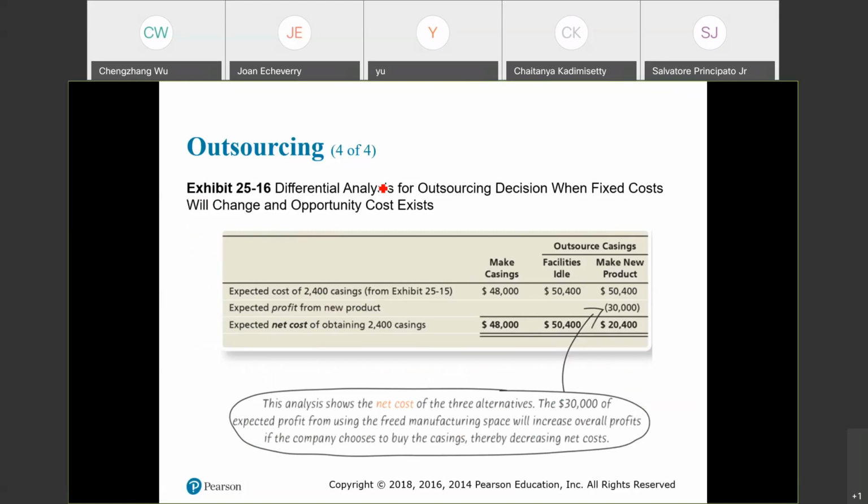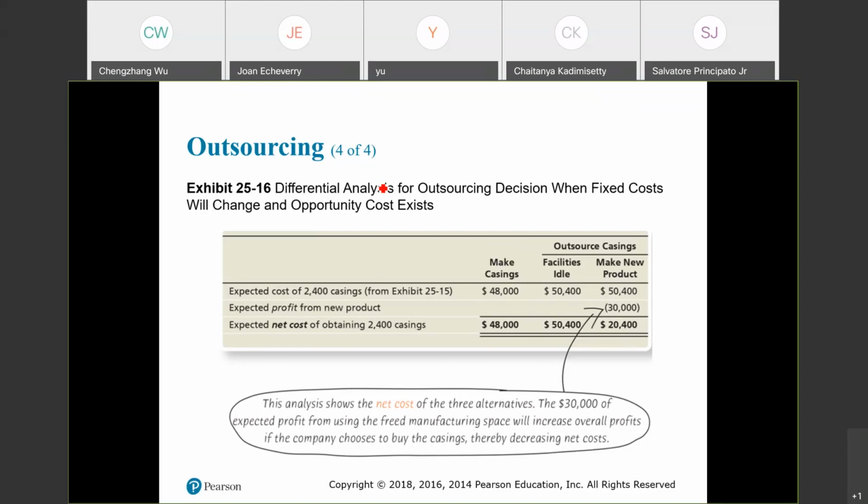Well, the first option, to make casings in-house, can make the revenue of $48,000. And second, to outsource, it can make revenues of $50,400.